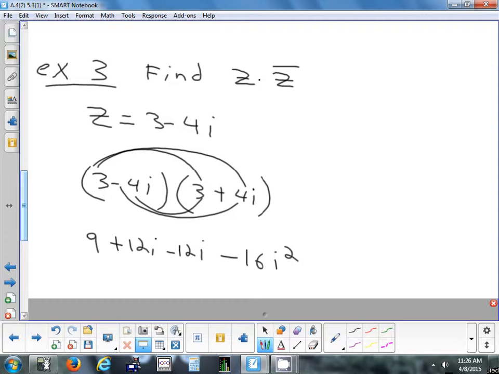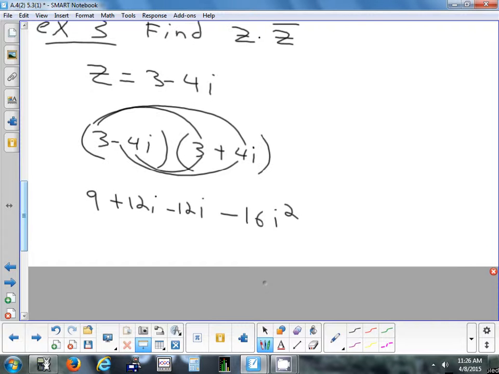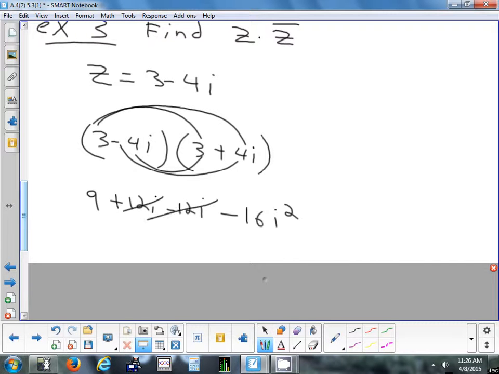What happens when you start to combine like terms there? You can change the negative 16 to positive 16. Yep, we can do that because this is really 16 times i squared, which is 16 times negative 1. So you're subtracting a negative. That will become a positive. And then the i's cancel out. So positive 12i, negative 12i, that's gone.